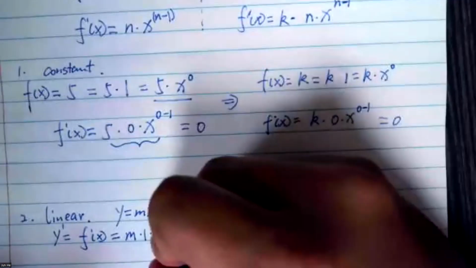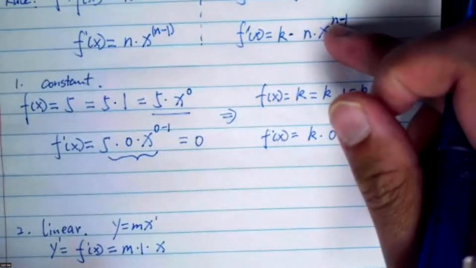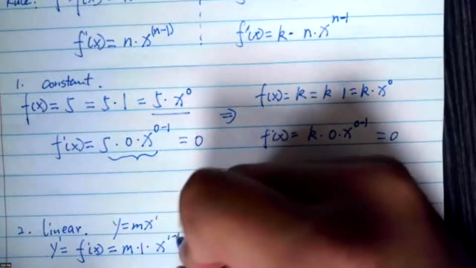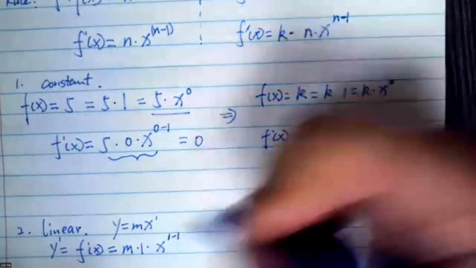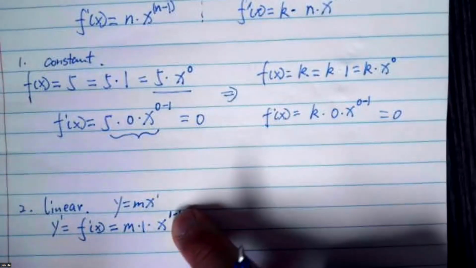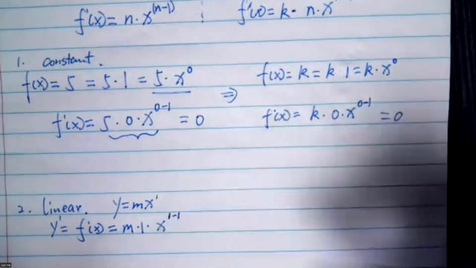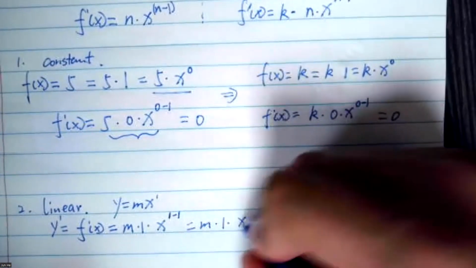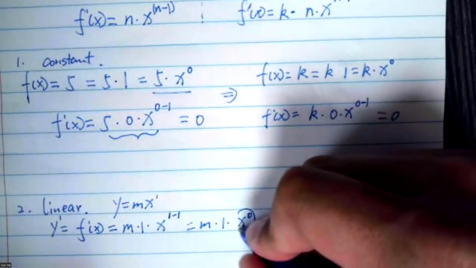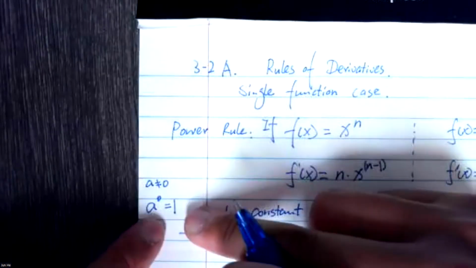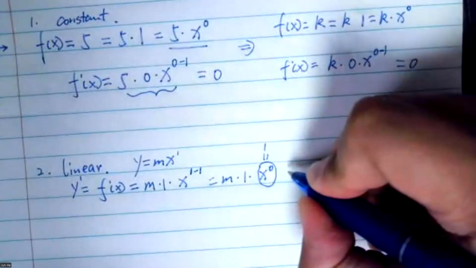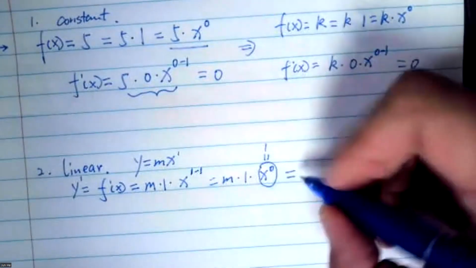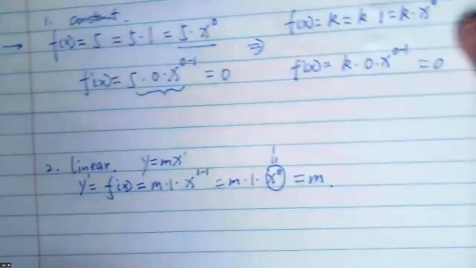And then we keep x, and now we have 1 minus 1 as the exponent of the new derivative. So it's m by 1 by x to the power of 0. As we previously discussed, that takes the value of 1. So it's m by 1 by 1, which is m.